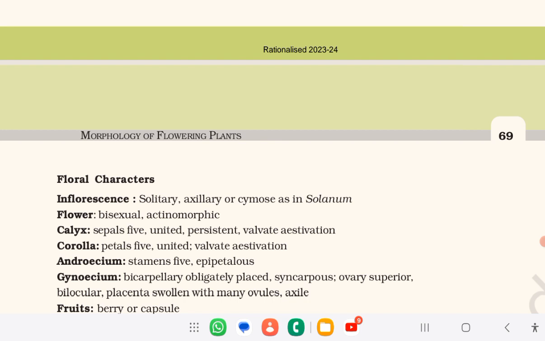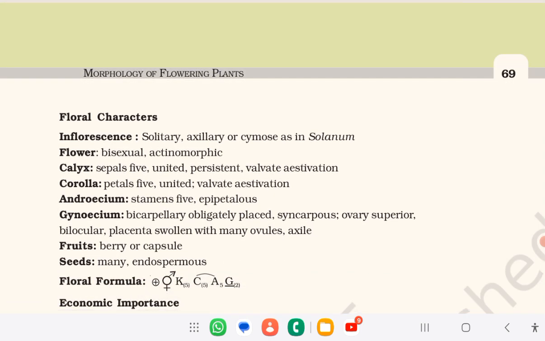Androecium: stamens 5, epipetalous. Gynoecium bicarpellary, obliquely placed, syncarpous. Ovary superior, bilocular, placenta swollen with many ovules, axile. Fruits: berry or capsule. Seeds: many, endospermous. Kindly see the floral formula on page 69 of your textbook.